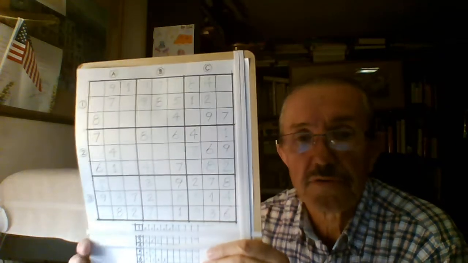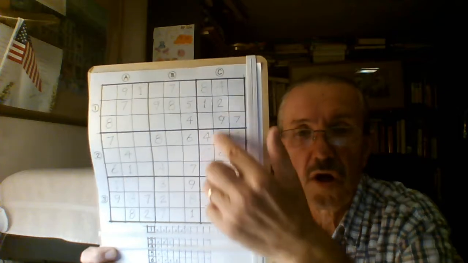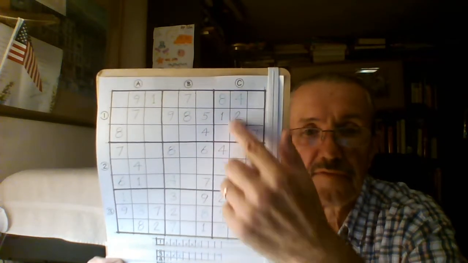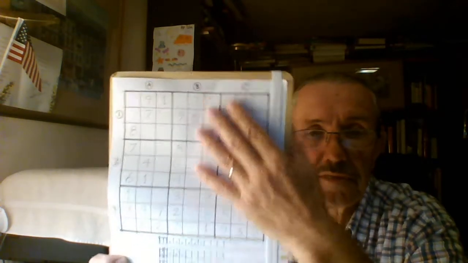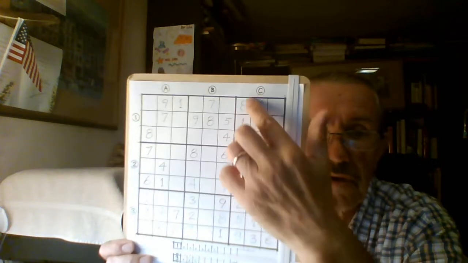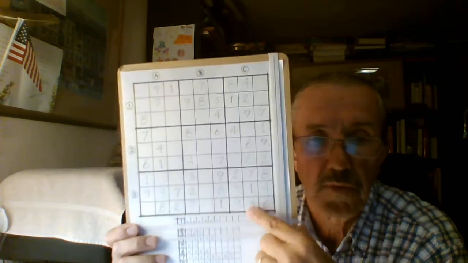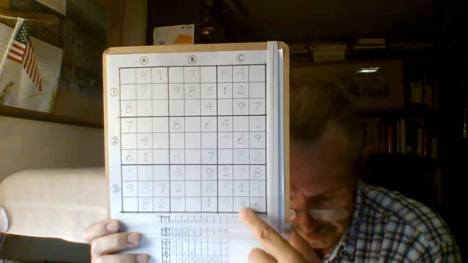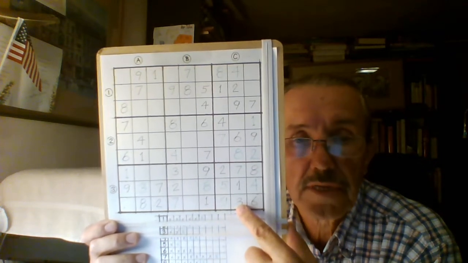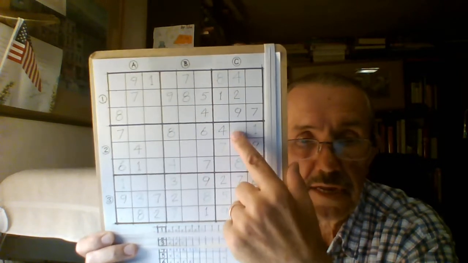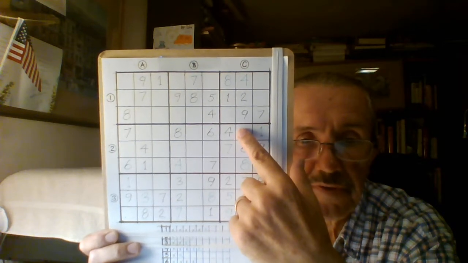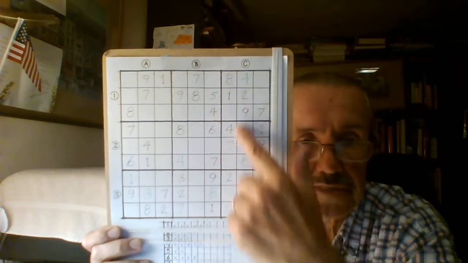Right now we are going to consider this column. When you see in this column, in this available space you have to put number 5. It doesn't exist in this column.